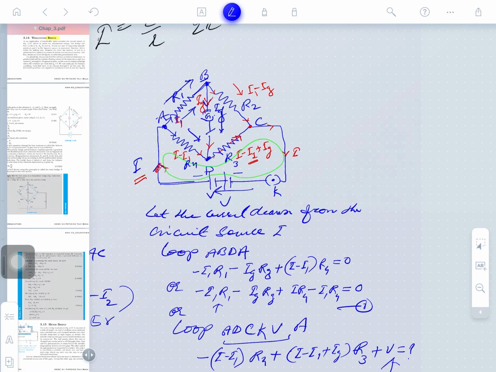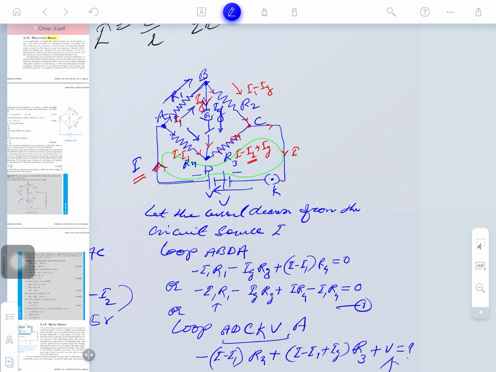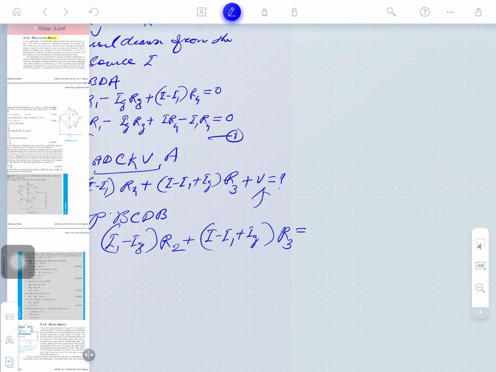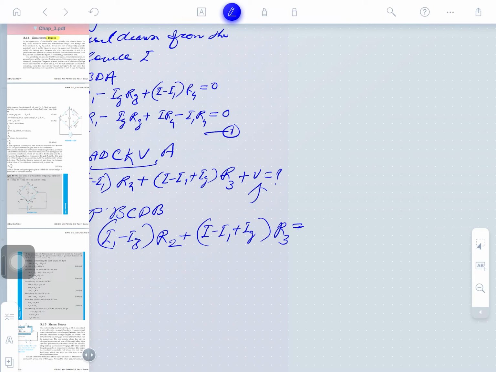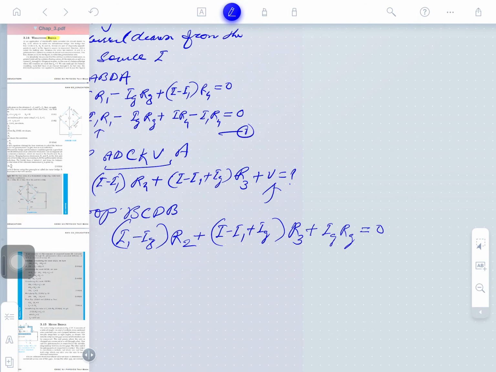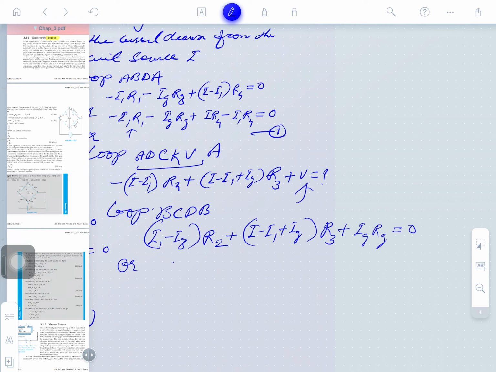And then moving upside to B, D to B, plus Ig Rg is equal to 0. Solving this we can obtain I1, and this is equation 2. So what I am saying is the value of Ig is explained, the potential is controlled by this.